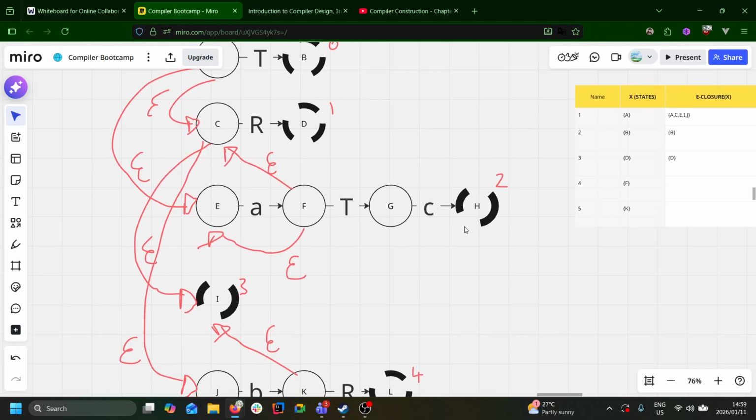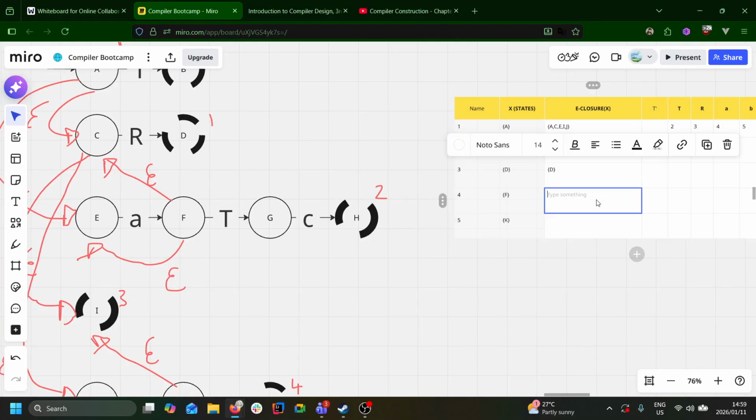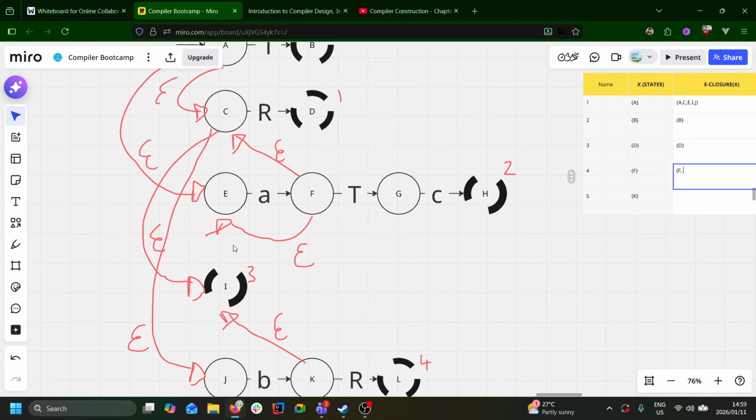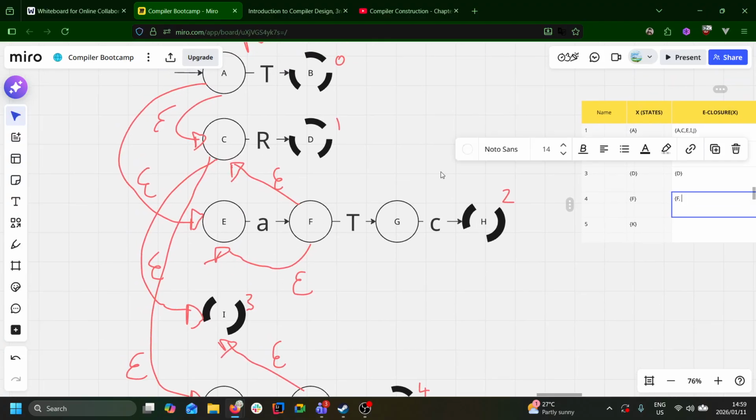And where does F take us? F is going to start off on its own, but F has epsilon transitions. And these epsilon transitions take us where? It takes us to E. So we're going to have F, which can take us to E and can take us to C. And now that we're on C, C also has two epsilon transitions that take us to I and J as well.